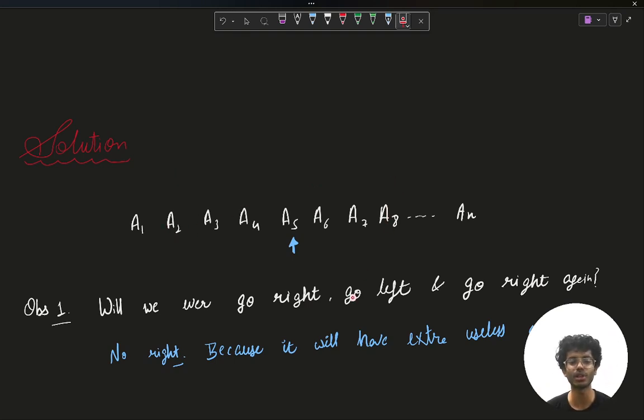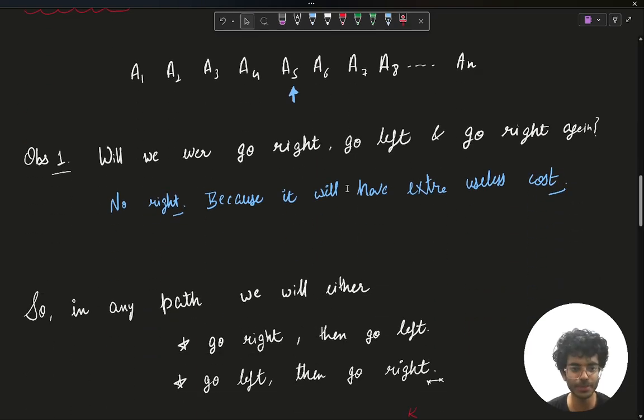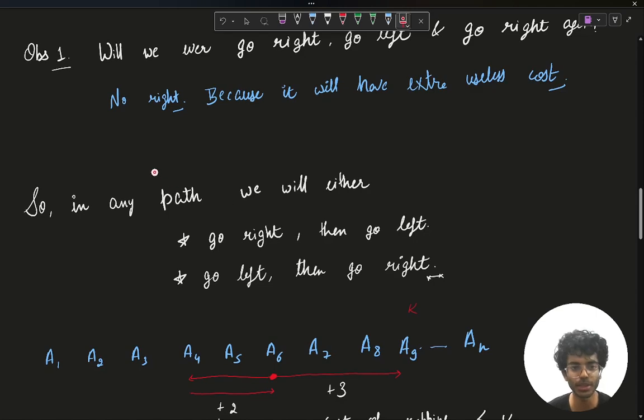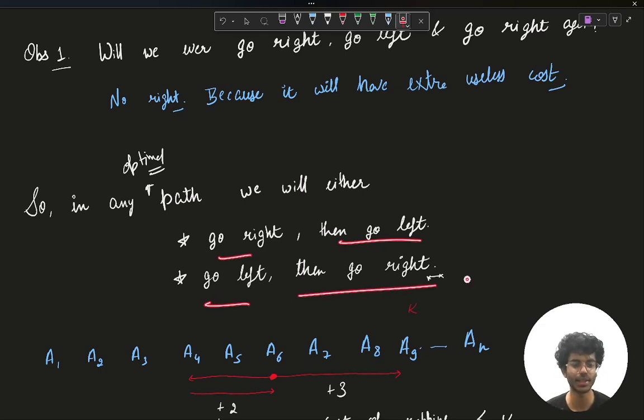It'll never be going right, going back, and then going right again. So I think I should write optimal over here. Any optimal path would be go right and then go left, or go left and then go right. That's it, right?